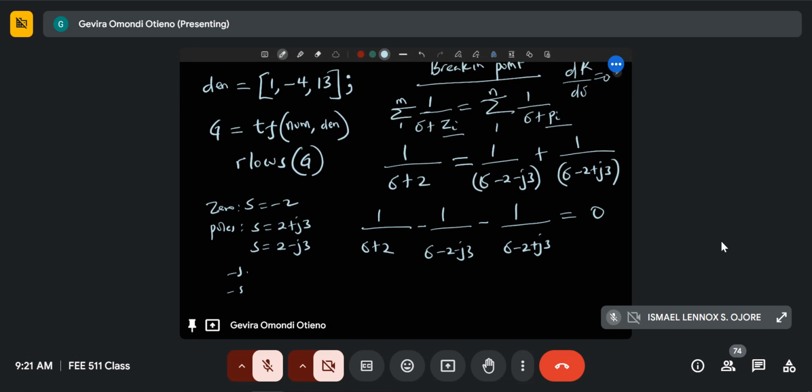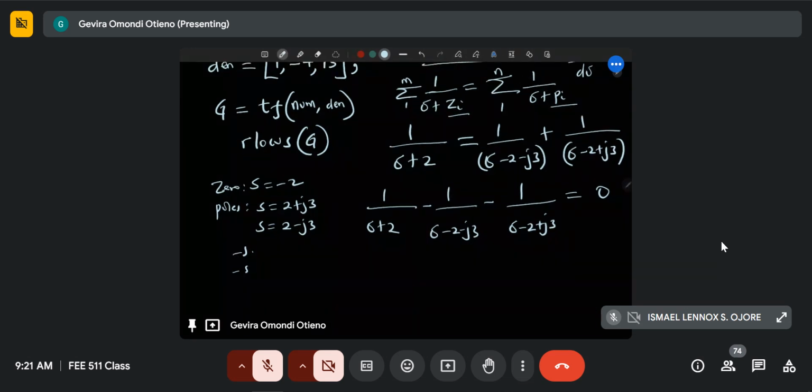Solve. So in this case, if you simplify this, it's just a quadratic equation, a second order equation, so it has 2 roots. You have sigma equals -7, and another value of sigma equals 3. That's what you will find. Sigma is -7, sigma is 3.